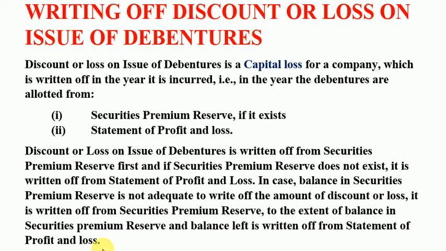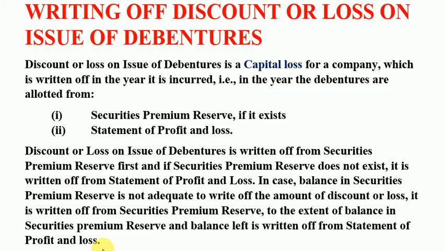It means if the loss on issue of debentures is 12,000 and the balance in securities premium reserve is 8,000, the amount of 8,000 will be written off from the securities premium reserve, and the rest of the amount, that is 12,000 minus 8,000, the amount of 4,000 of loss on issue of debentures, will be written off from the statement of profit and loss.